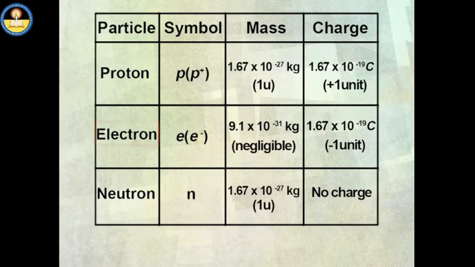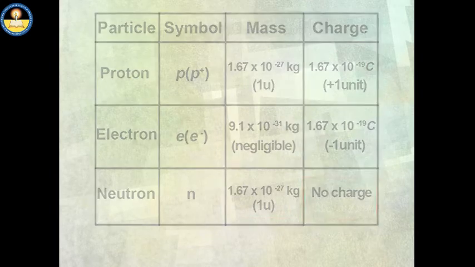Electron is e-, with a mass which is equal to 9.1 x 10^-31 kilograms, which is negligible, and a charge of 1.67 x 10^-19 coulombs. Neutron is denoted by the symbol N with a mass of 1.67 x 10^-27 kilograms and no charge.